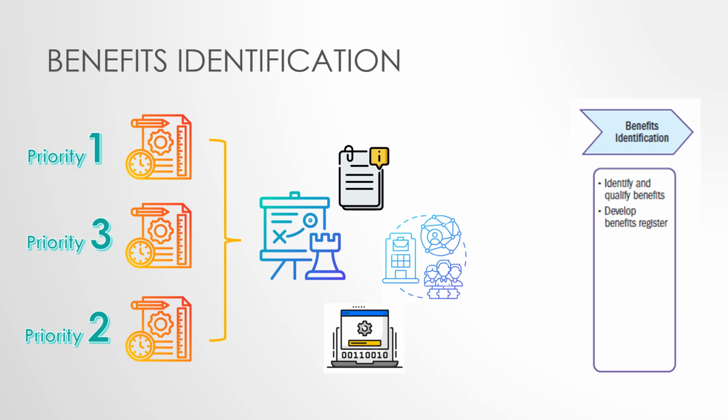The business case can serve as a formal declaration of the program benefits, their expected delivery, and the justification for the resources that will be expended to deliver them. Benefits identification includes defining the objectives and critical success factors for the program in addition to identifying and quantifying organizational benefits.